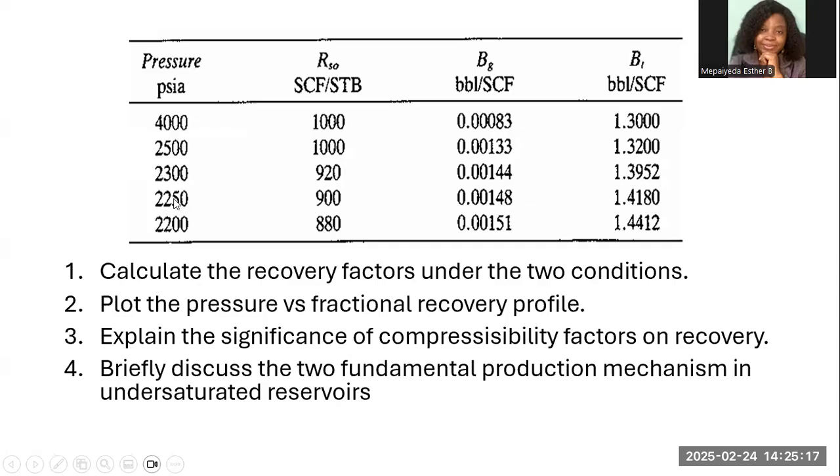Between 2300 and 2250, you have 920 plus 900 divided by 2. While between 2250 and 2200, you have 900 plus 880 divided by 2. So depending on the pressures that you are considering: the drop from 4000 to 2500, the drop from 2500 to 2300, the drop from 2300 to 2250 psi, and the last pressure drop from 2250 to 2200 psi.